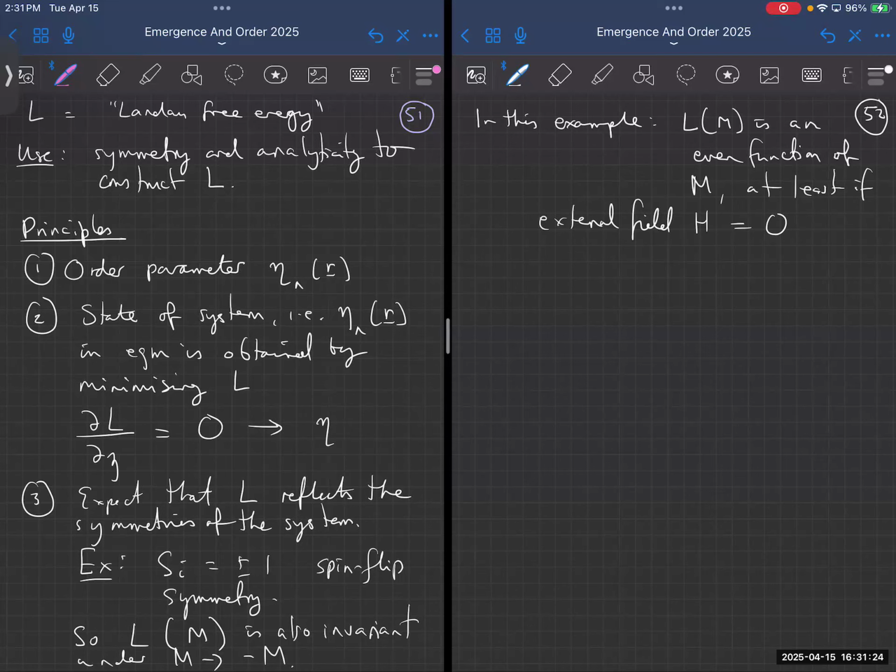Okay, so we can use the expansion as a way to construct L. So what we then expect is that we can write the Landau free energy as a power series expansion in the order parameter.